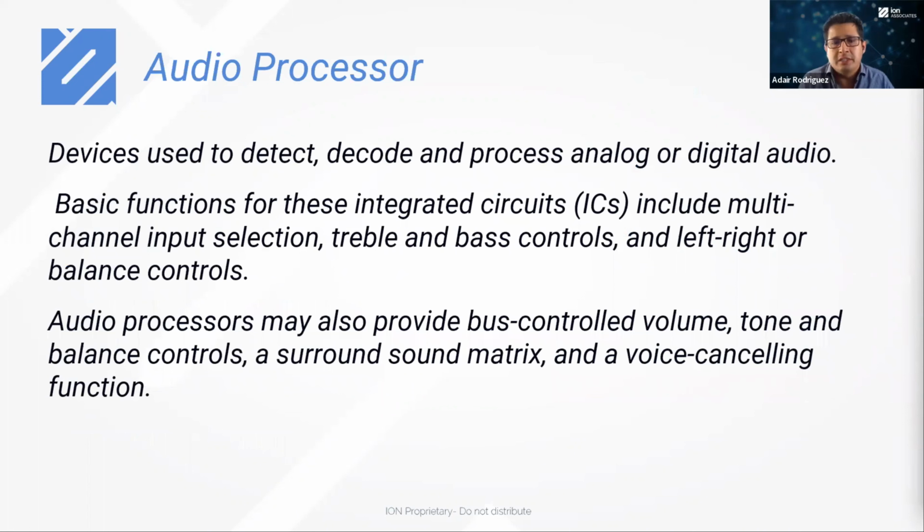A processor is once again a more integrated device that might include a codec, a converter, an amplifier in some cases, but providing more than that, meaning that we can have multiple channel selection, balance control, voice canceling, which would be the main purpose for a processor, to be able to process some of the signals inside the devices and releasing the main processor to do this specific task.